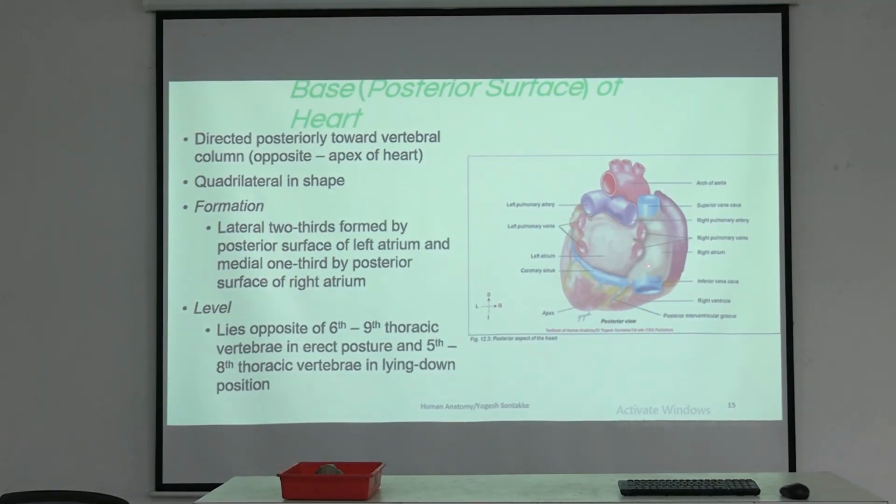So you can see this is the inferior vena cava, right pulmonary veins, superior vena cava, then left pulmonary veins. If I join all these openings, then it will form an inverted J.